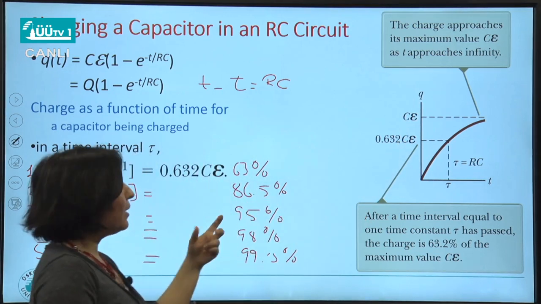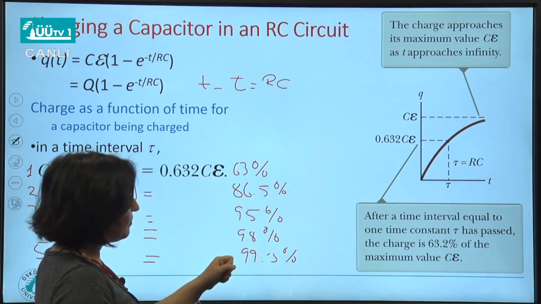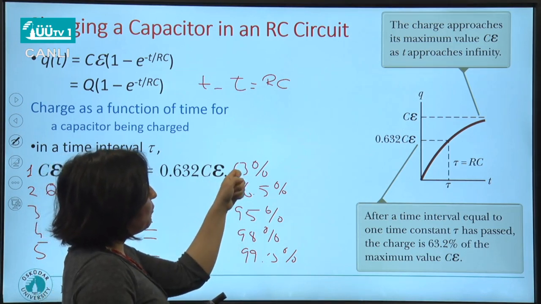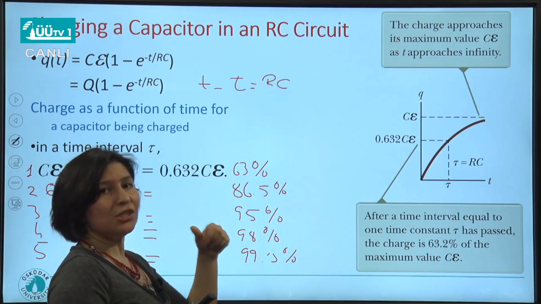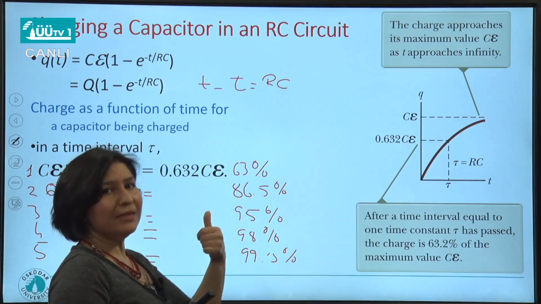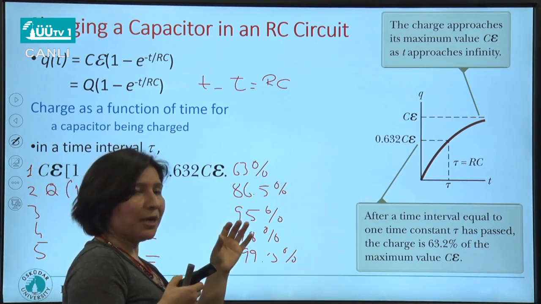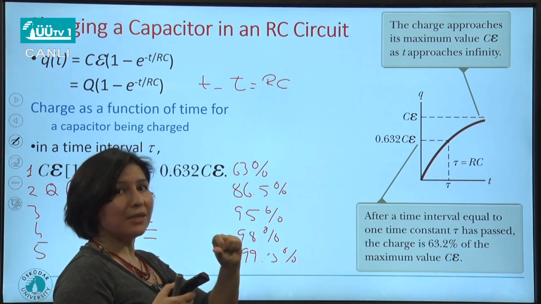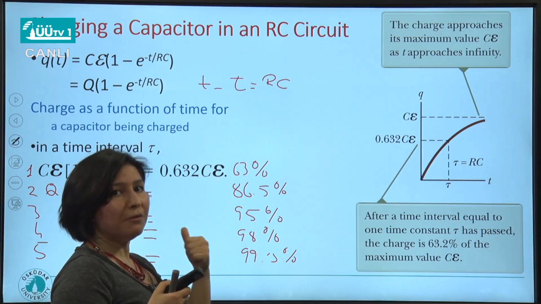Why is that? Why is the charge increasing exponentially? While the charge is increasing, also the potential between the plates of the capacitor is increasing. If you think, the capacitor has a potential difference in the opposite direction to the potential difference of the battery, of the power supply.